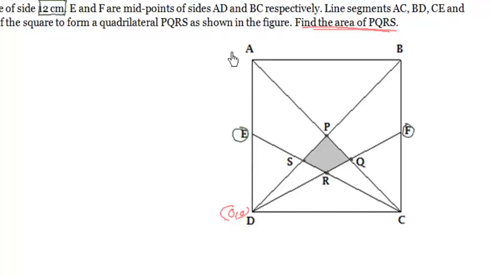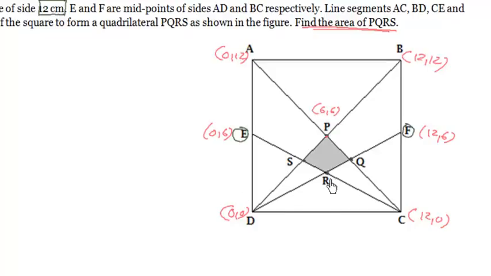So this will be 0, 12. This point will be 12, 12. This point is 12, 0. Since E is the midpoint of AD, it will be 0, 6. Similarly, F would be 12, 6. And since P is the midpoint of BD, its coordinate will be 6, 6.